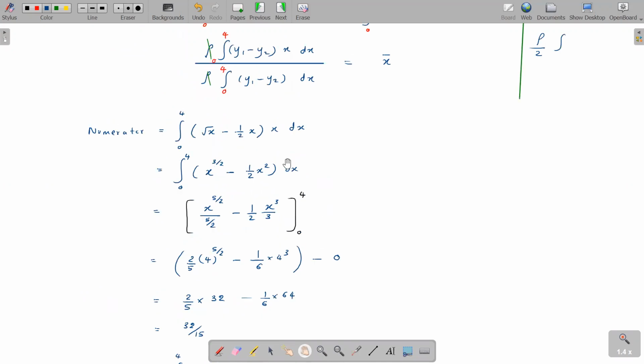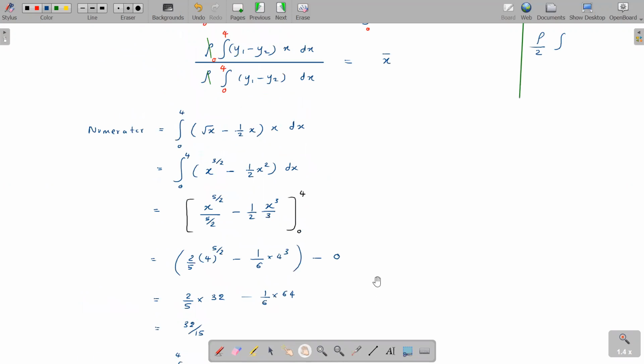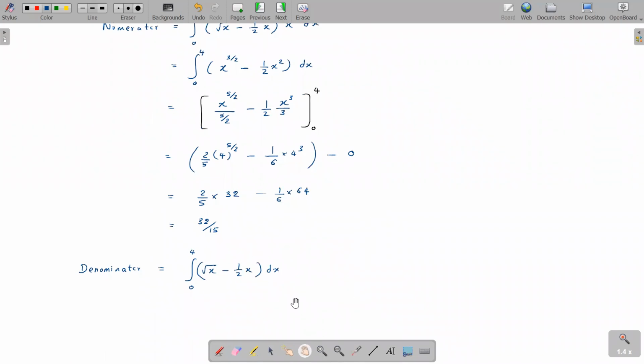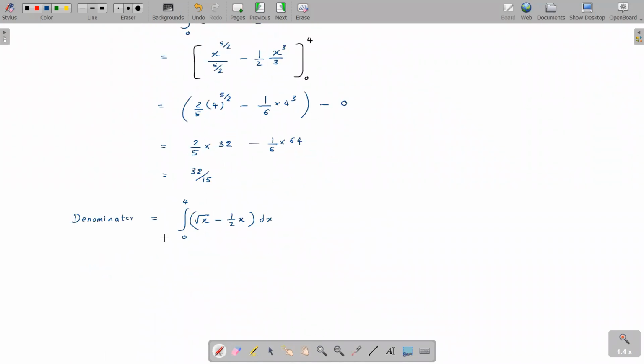Then the denominator is directly the integration of y1 minus y2. Just y1 minus y2, there's no x over here. So y1 minus y2 with respect to x. y1 is root x, y2 is half x. So directly integrate. Root x is x to the power half, so when you integrate, you add 1: half plus 1 is 3 over 2, divide by 3 over 2. This is half x square divided by 2.